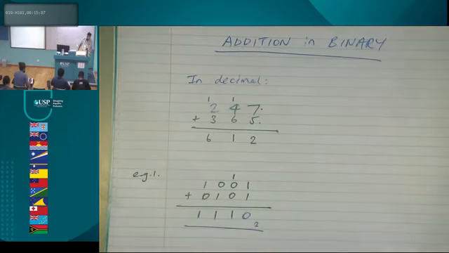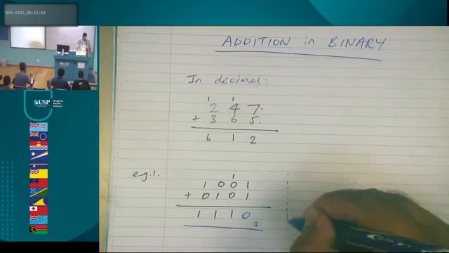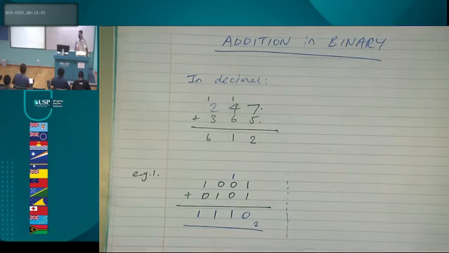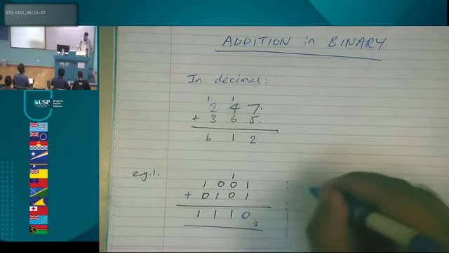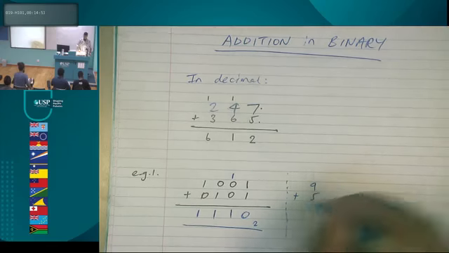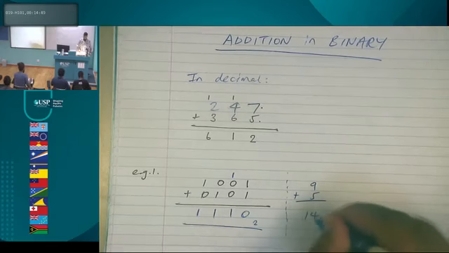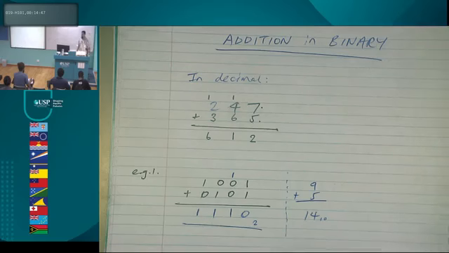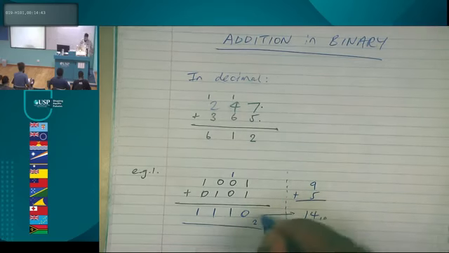Base 2. Now let's look at the decimal equivalent. 1001 is 9 in decimal, and 0101 is 5. 9 plus 5, we should get 14. Does 1110 equate to 14? Yes. So we know our answer is correct.